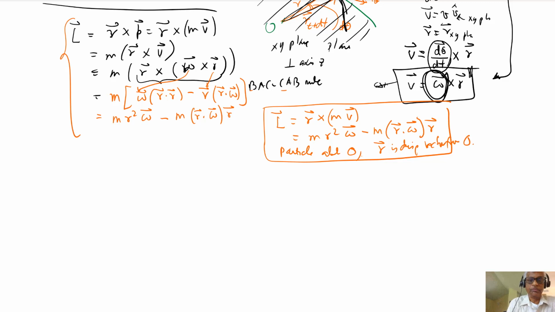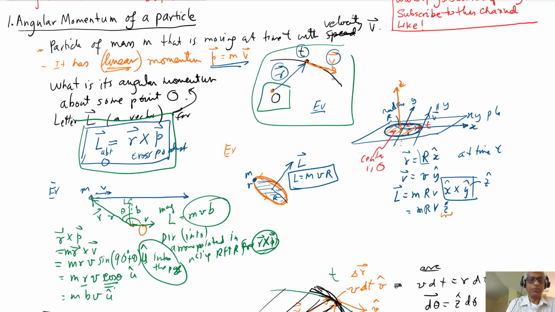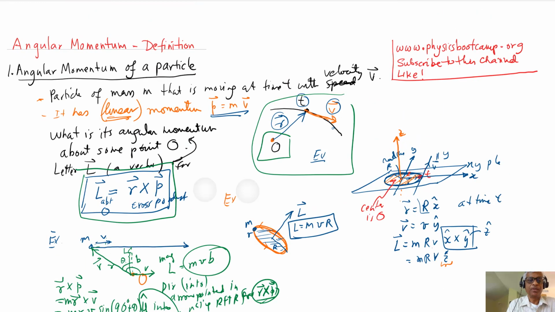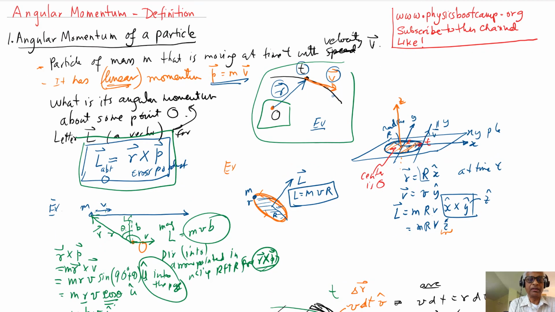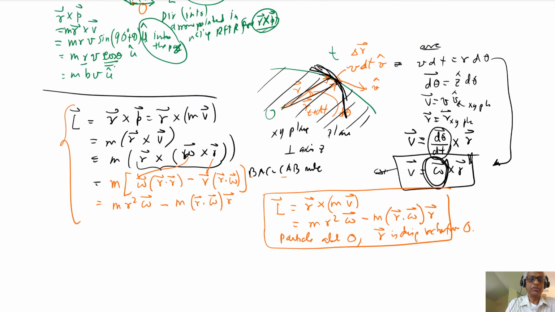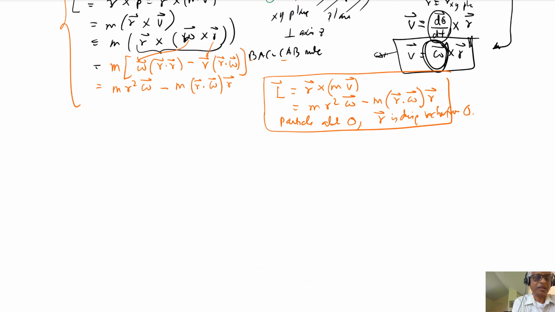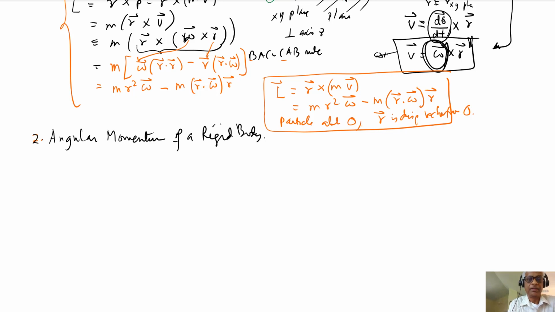Okay, so the other thing that we want to address is the angular momentum of a rigid body. That's the one that goes into problems, right? So what is a rigid body?